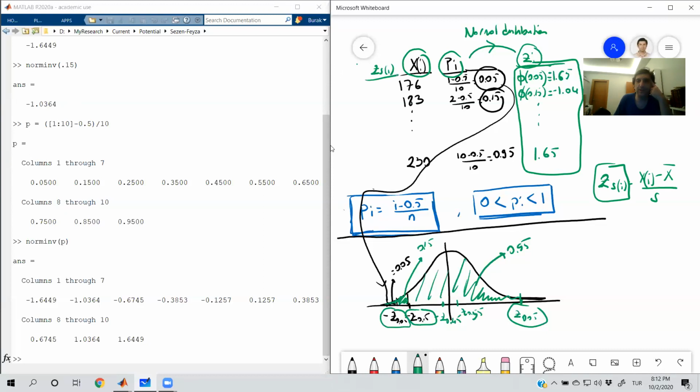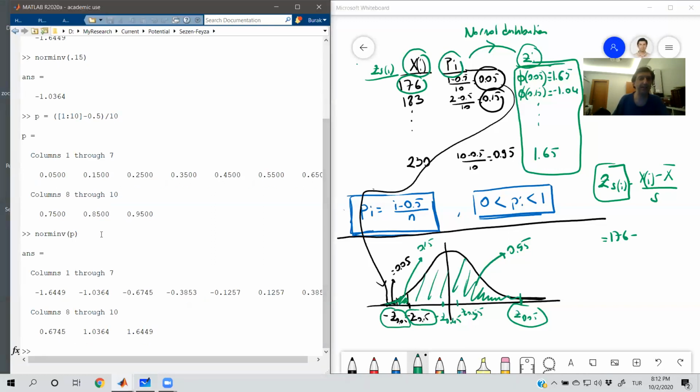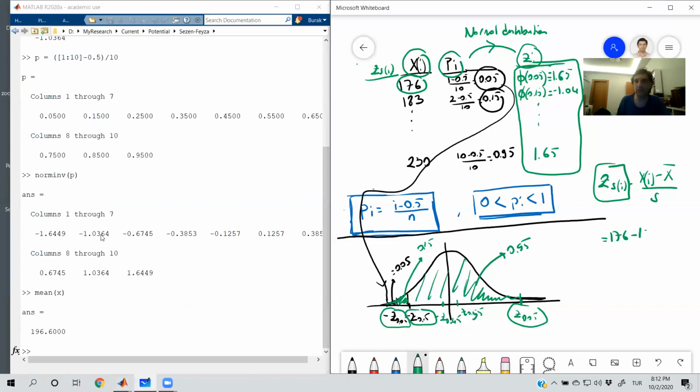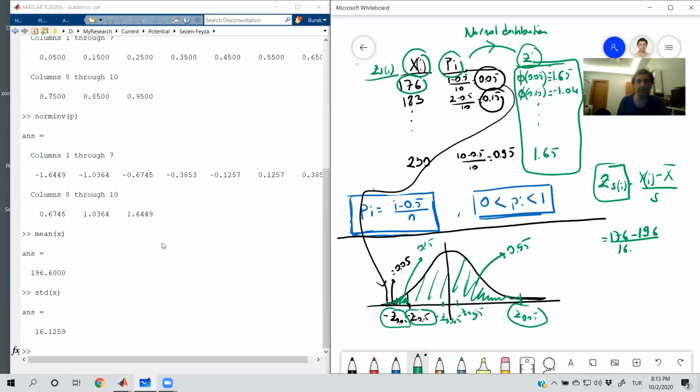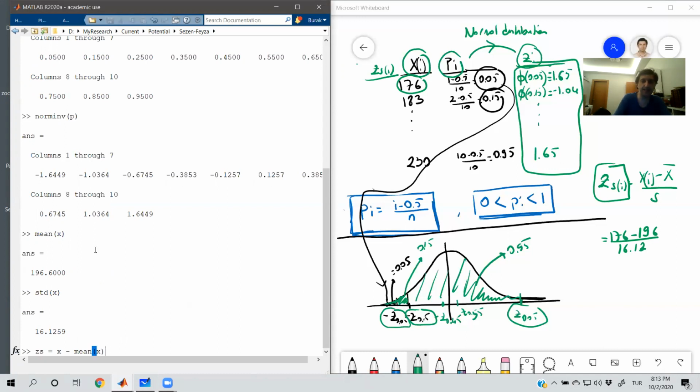For instance, 177 minus the mean of X, which is 196, divided by the standard deviation of X, 16.12. And this is going to be equal to simply X minus mean X divided by standard deviation of X.